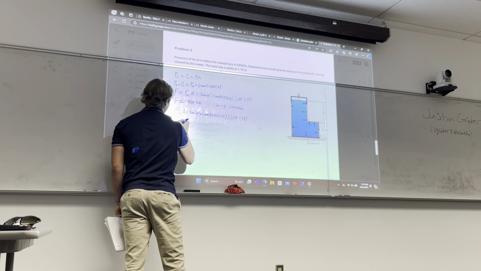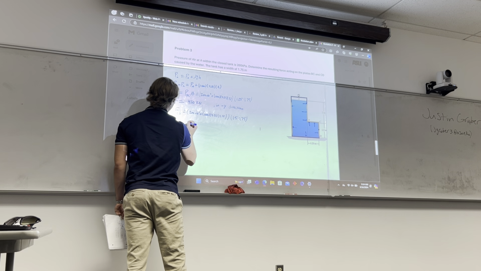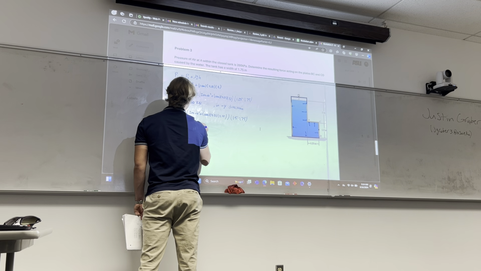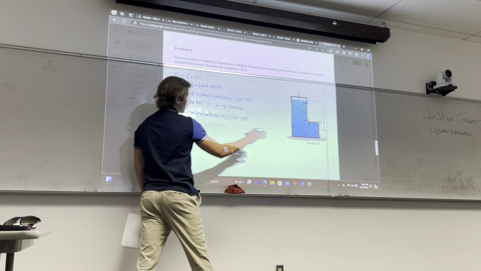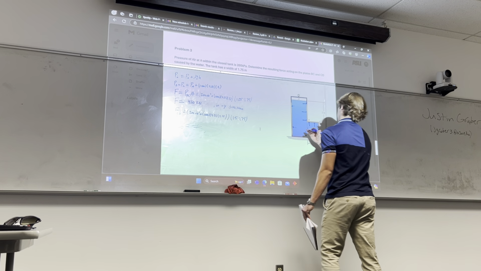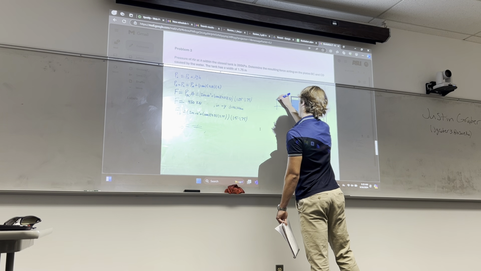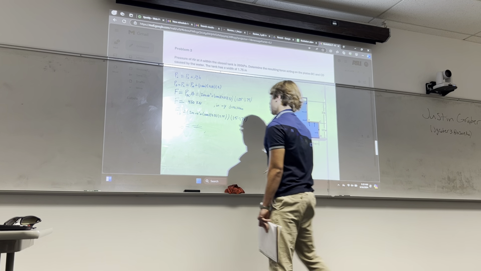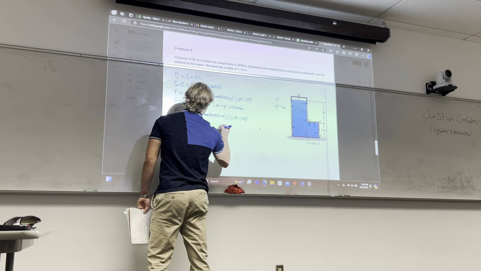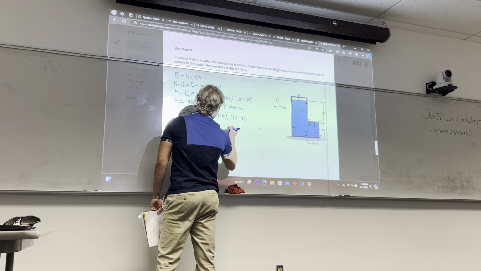Same math. So FCD equals some number again, but now it's acting in this direction, so if we call that X and Y, this would be in the plus X direction.